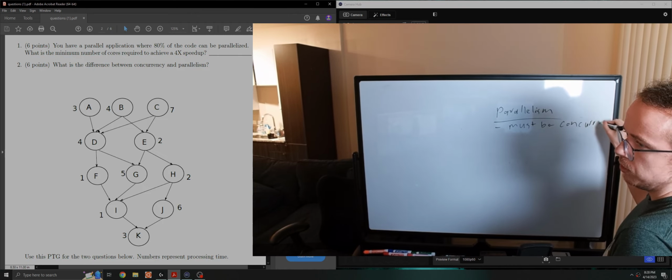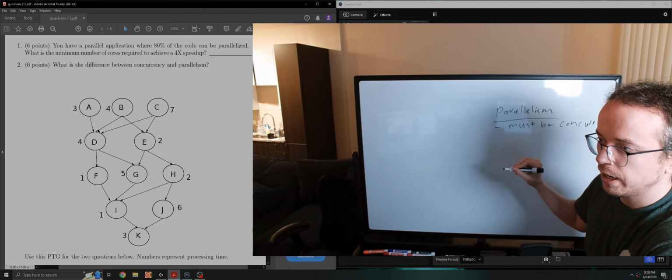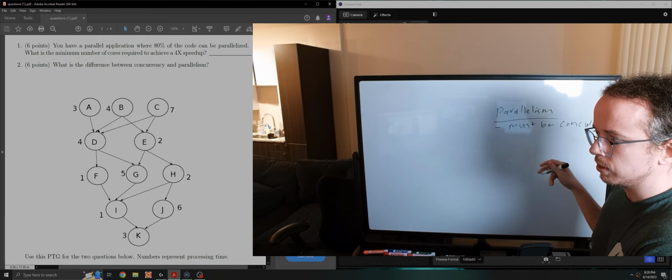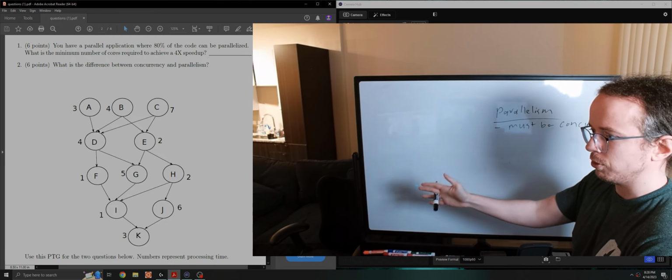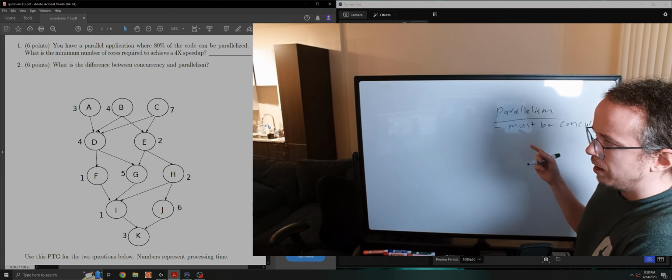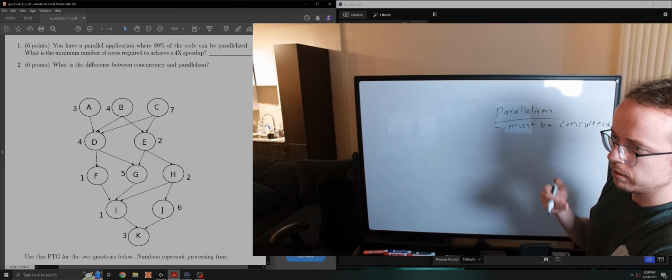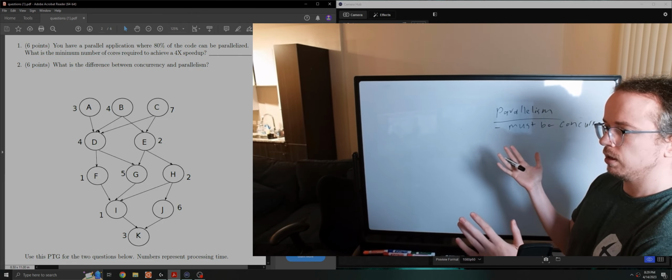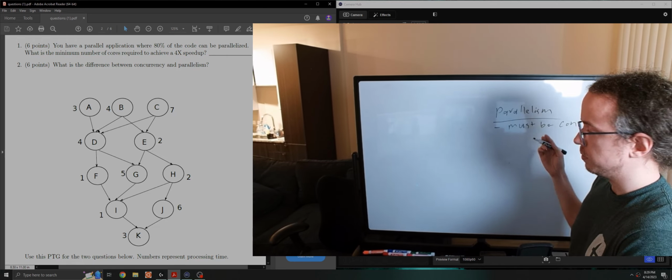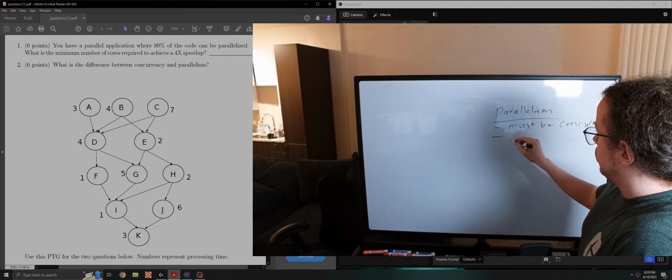If you Google this, you'll find some people arguing it doesn't have to be, but usually they're arguing semantics. They're arguing that if you change the way the problem is phrased, then maybe they don't have to be concurrent. In practice, if you're going to make a function run in parallel, it needs to be able to run concurrently also. So that's the first part.